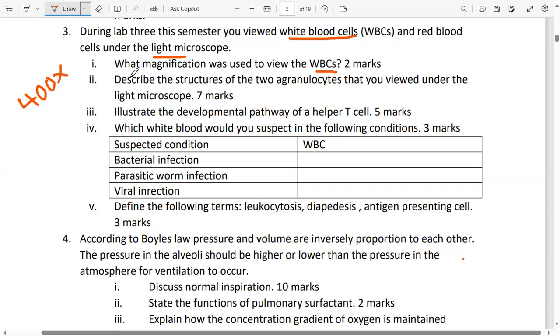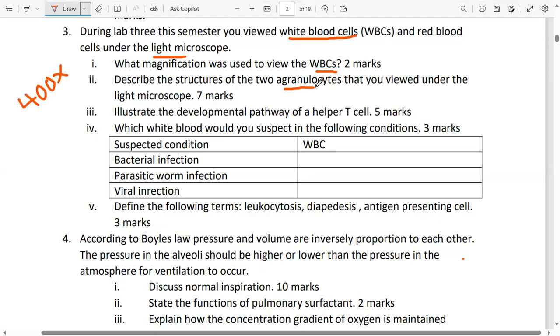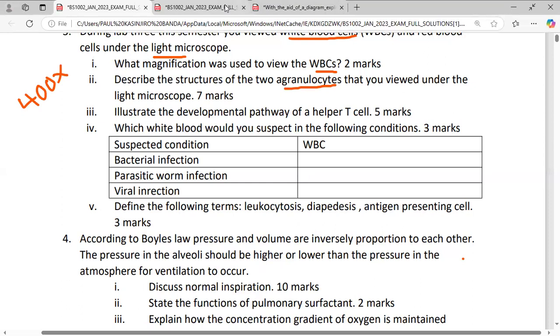Then they're saying describe the structure of the two granulocytes that you viewed under the light microscope. When you look at the white blood cells, it will be the lymphocytes and the monocyte that will be prominent. So let's look at the answers here.